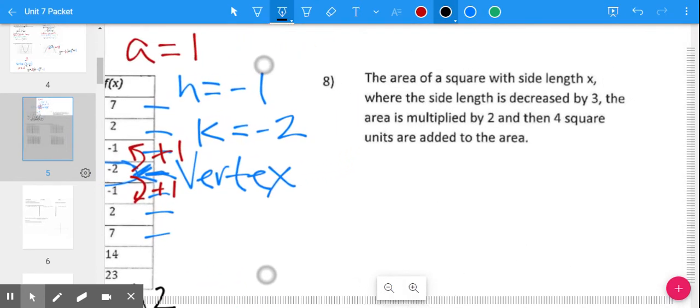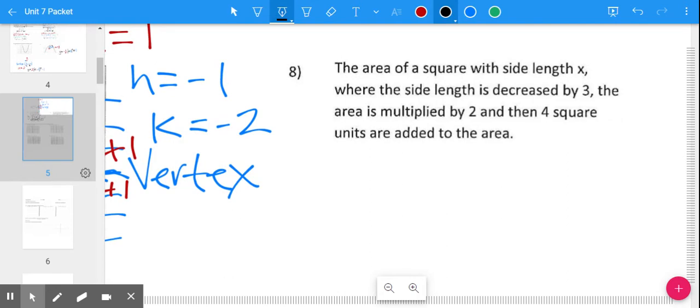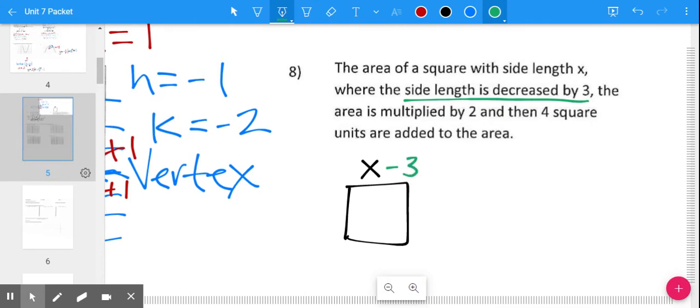So the next one, the area of a square with a side length x. The first thing I'm going to do is draw it. It says the side length is decreased by 3. The area is multiplied by 2. In order to find the area, all sides have to be the same.